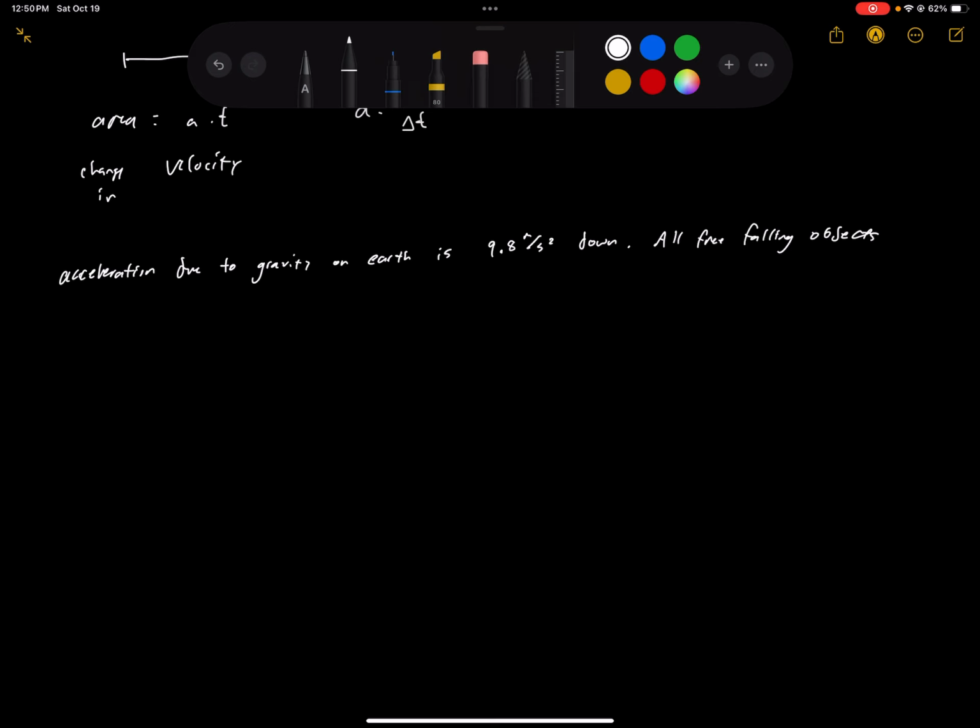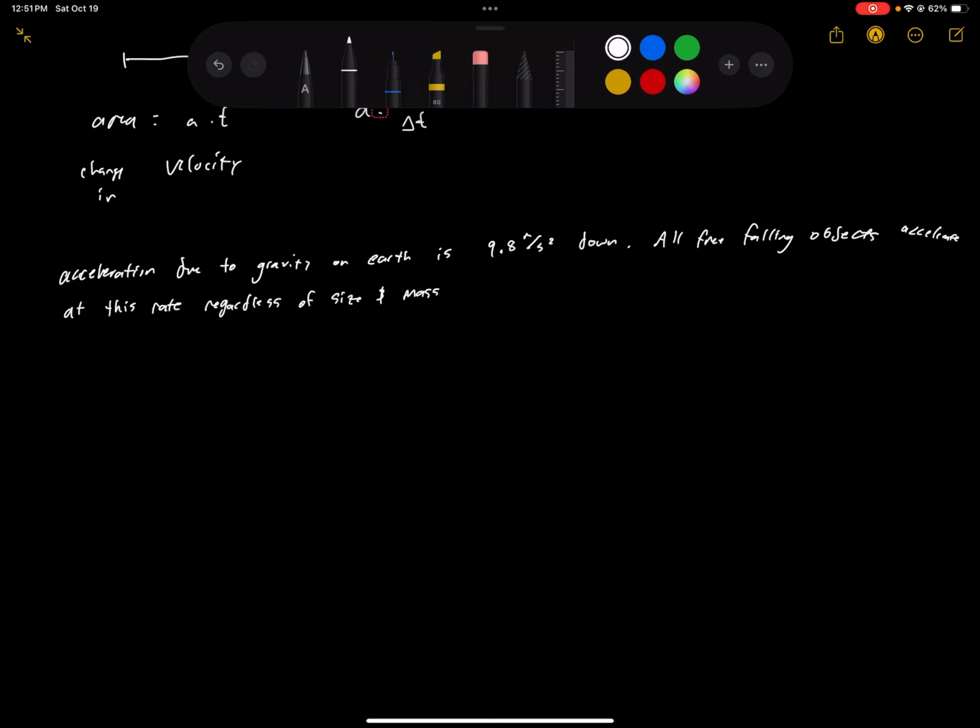So all free-falling objects accelerate at this rate regardless of size and mass. Okay, and we're going to see why when we go over the gravity chapter, right?